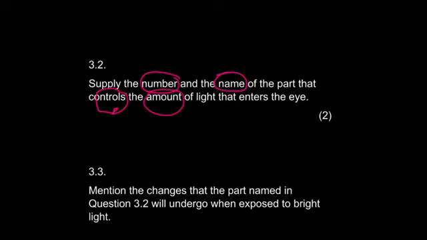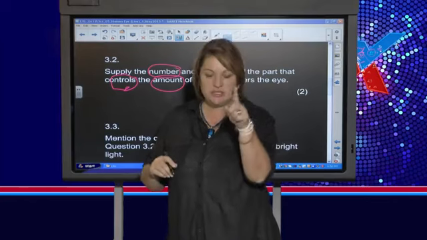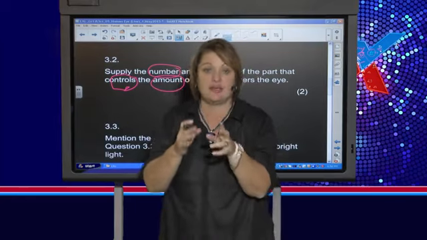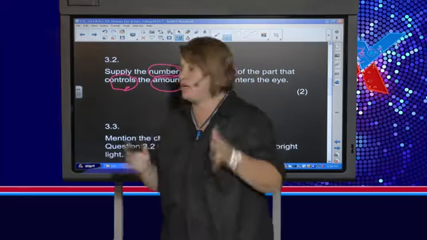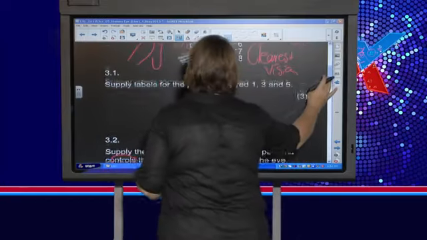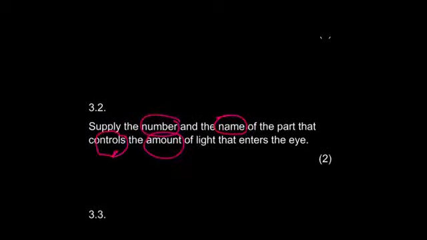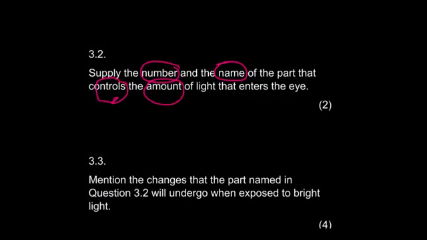If you say pupil, I will be so disappointed. The pupil cannot control the light, okay? It is not a structure. So what controls the amount of light? The iris, which is number 2. So for your 2 marks, you would have to say number is 2, name, iris.